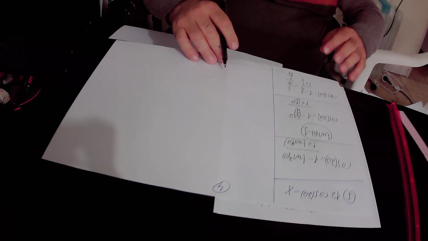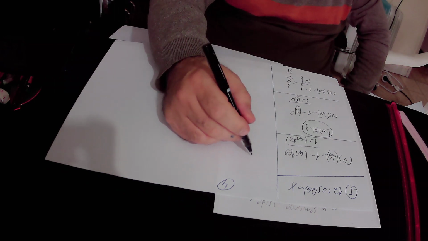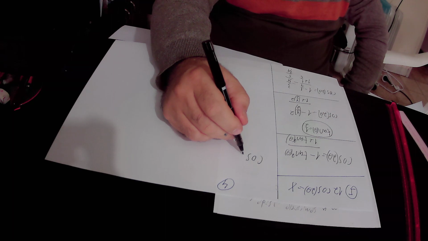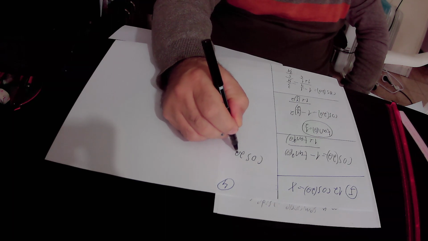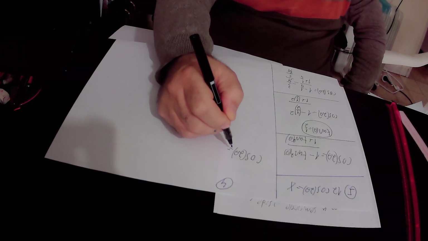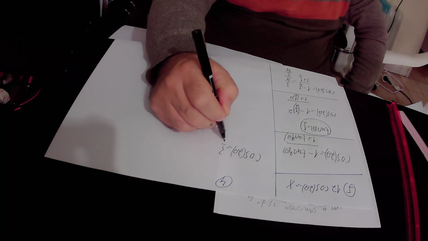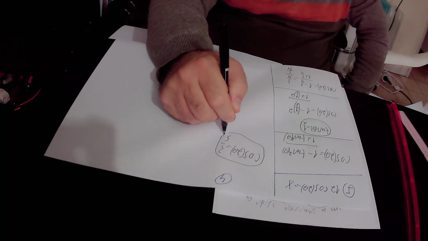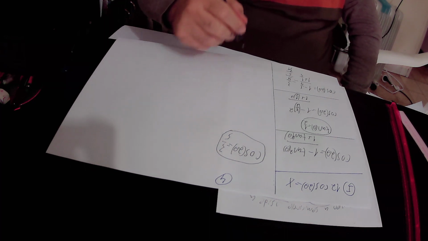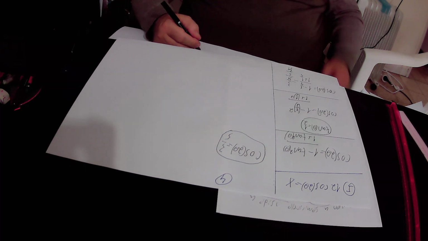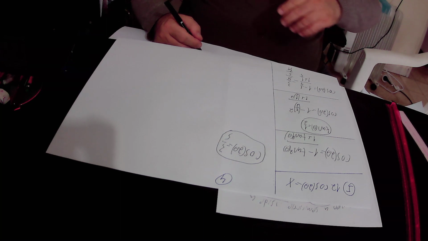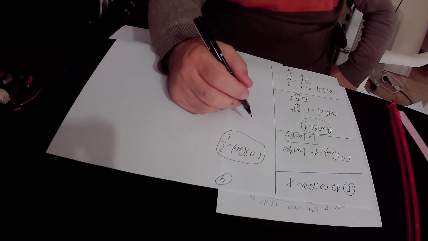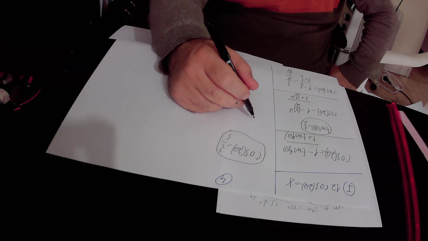And in conclusion, we found out that cosine 2 theta equals 3/5. Now we can substitute cosine 2 theta in this equation number 1 by 3/5.